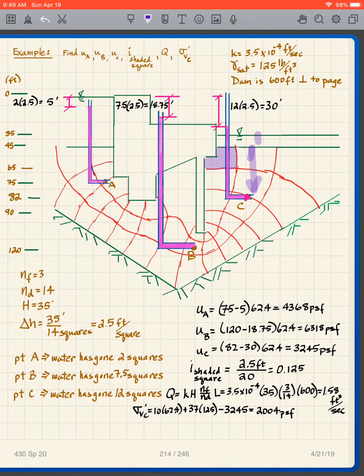I guess I didn't specify what it was. So I have 10 feet of water, 37 feet of saturated soil, minus the pore pressure, and I get 2004 PSF.